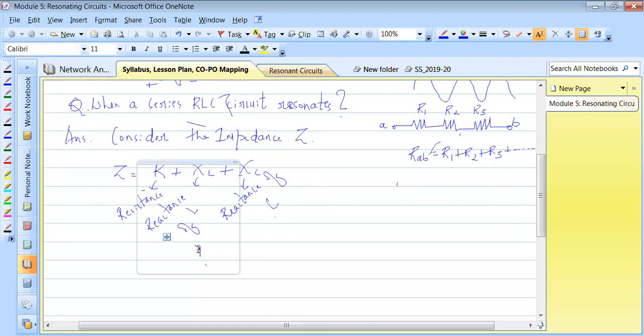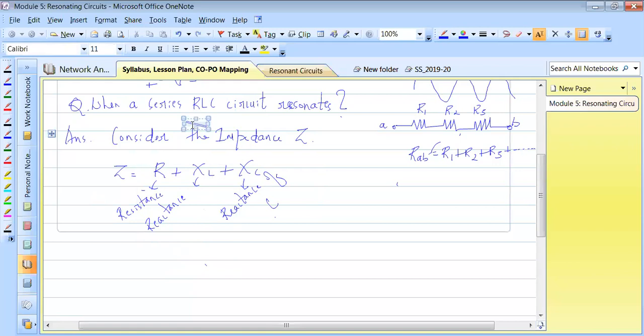Okay. Now we shall see when this circuit would resonate. That is what we are interested in. When would this circuit resonate? We are answering that by considering the impedance Z, and the impedance Z is given by this.